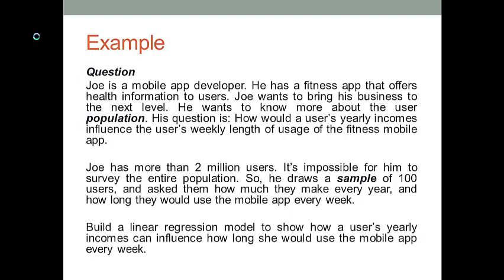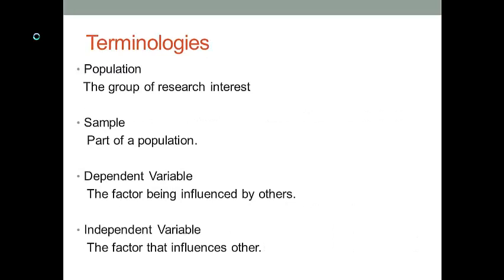Before I talk about the linear regression model, I want to introduce some terminologies to everyone. First, population. A population is a group of research interests. Corresponding to population, we have another concept called a sample. A sample is a part of a population.